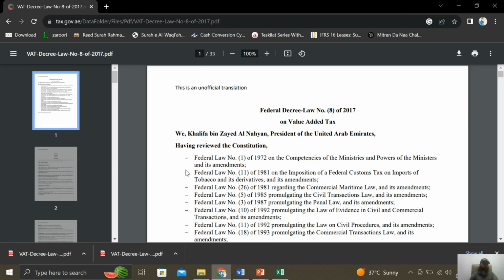Even if you know it, just one time go there and be sure what you are recording in the system, because when the government authorities come to audit your tax and you have recorded something wrongly, they will penalize your business, and it will not be good for you.